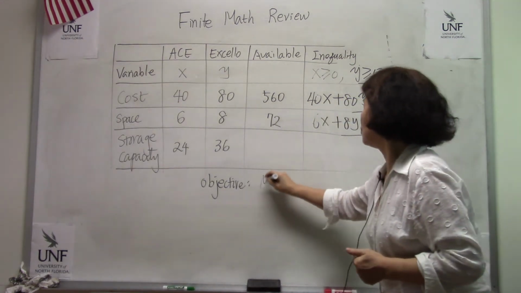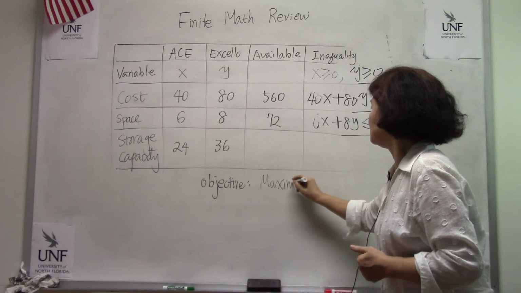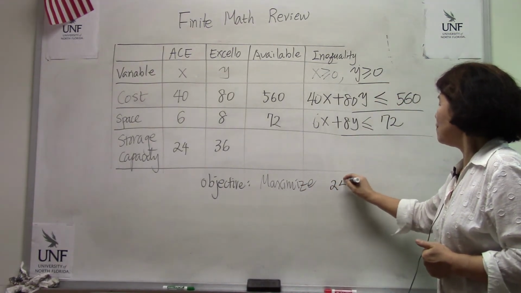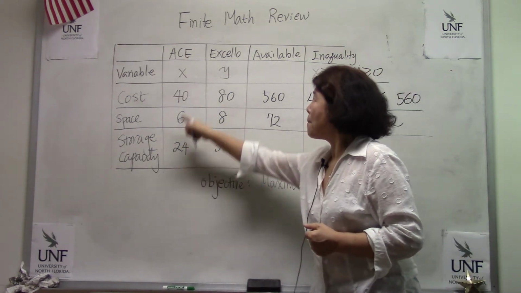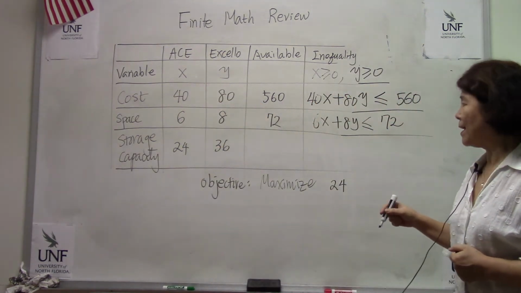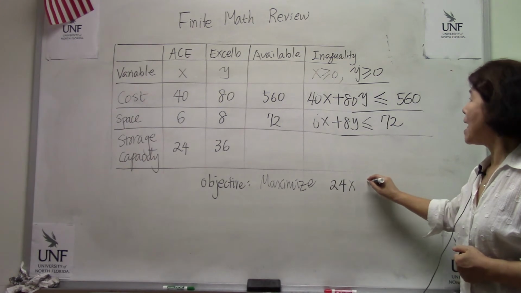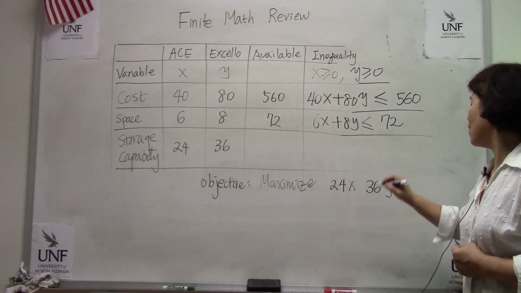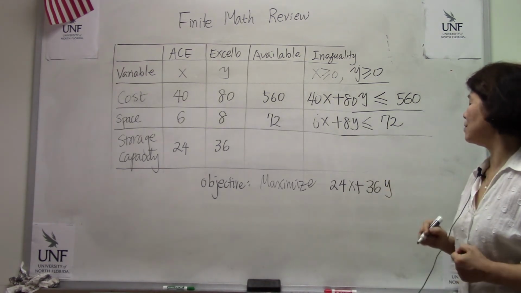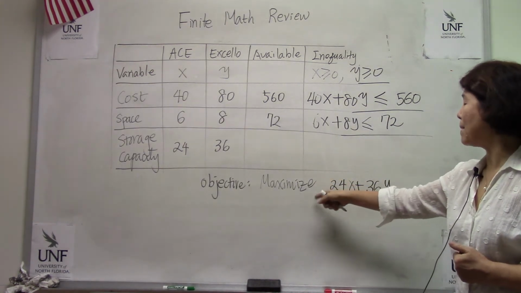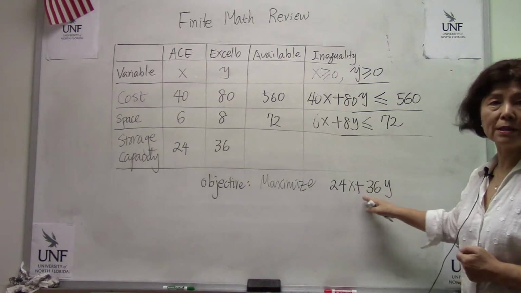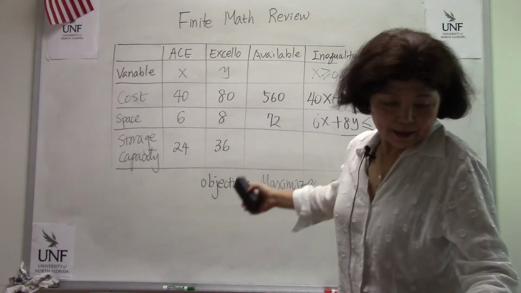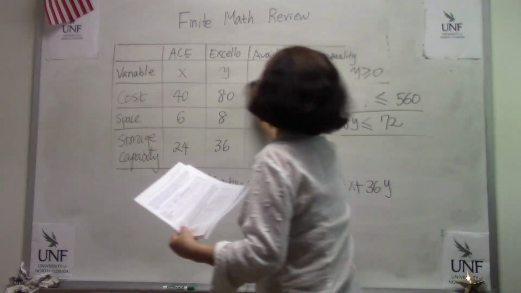So you want to maximize storage capacity of 24 cubic feet per Ace file cabinet, X of them, and 36 cubic feet for XLO type and the Y of them, combined together. Okay, so you want to maximize 24X plus 36Y. Okay, so that's about it. Okay, this much.